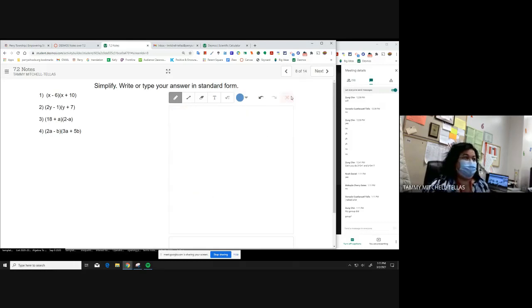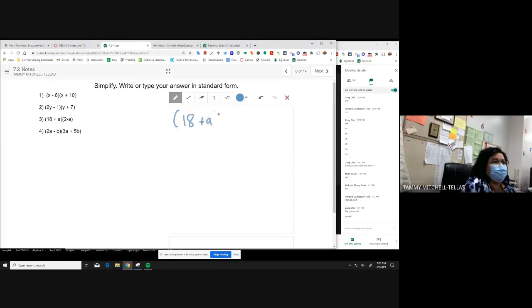So number 3 is funny because it's written weird. 18 plus A and 2 minus A. So 18 times 2 is 36. And 18 times negative A is negative 18A. And then 2 times A is 2A.